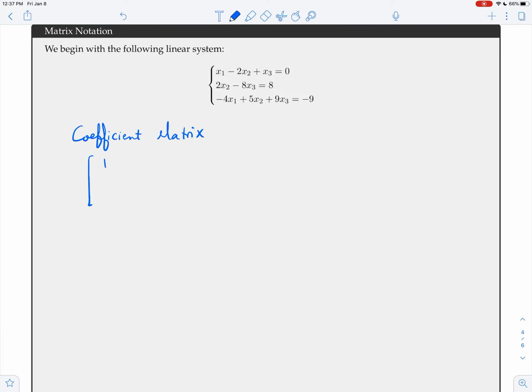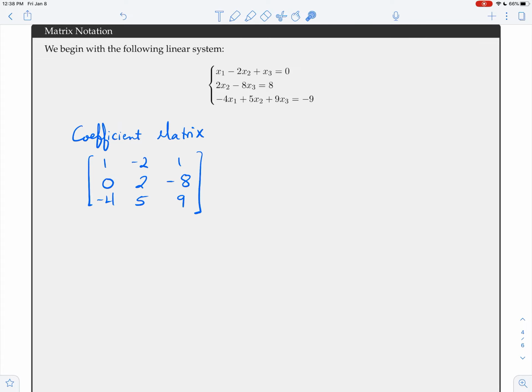It's 1, coming from this unwritten 1, and then minus 2, and then 1. Next, we have a 0 coming from the 0x1, then a 2 and a minus 8, then a minus 4, 5, and 9. That's the coefficient matrix, and it captures all the coefficients for the system.